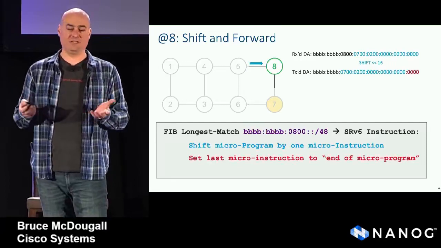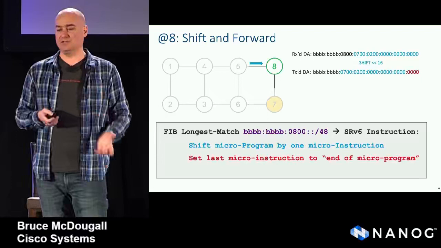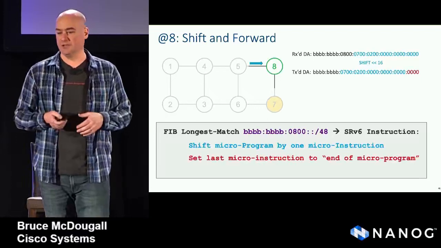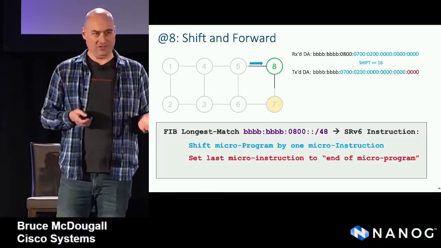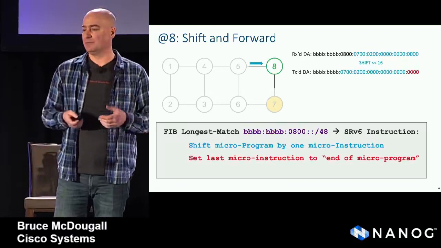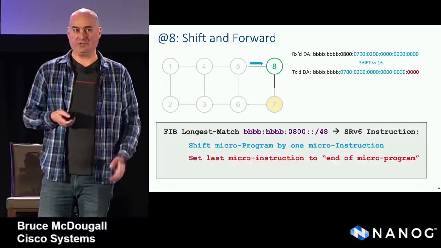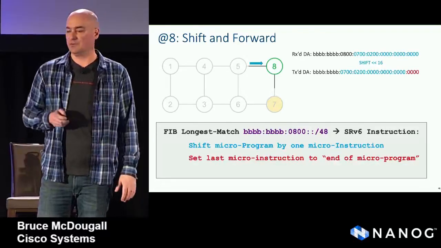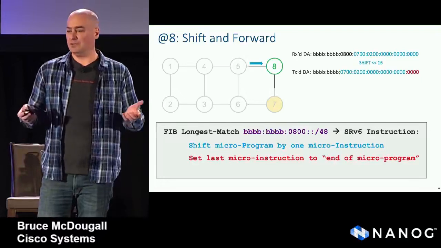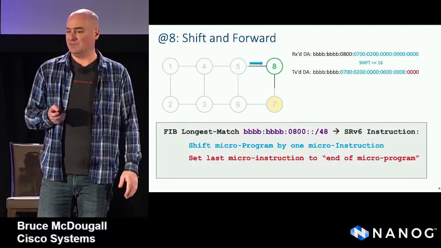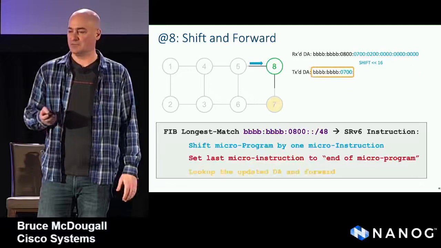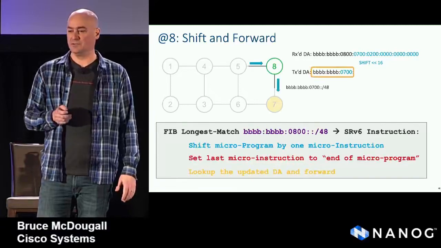The last micro instruction set is pushed onto the end of the address. And with SRv6 network programming and microprogram, if the ending bits are 0, that simply signifies end of the program. So now we have a new IPv6 destination address, as we've done a 16-bit shift and forward.